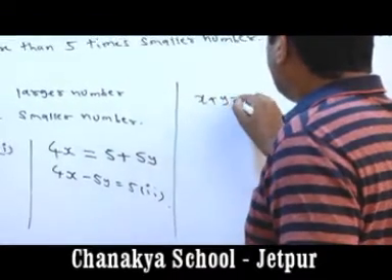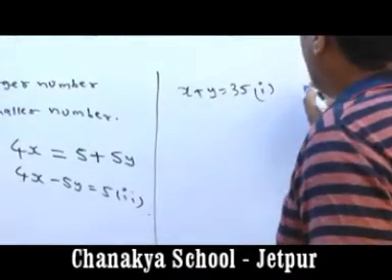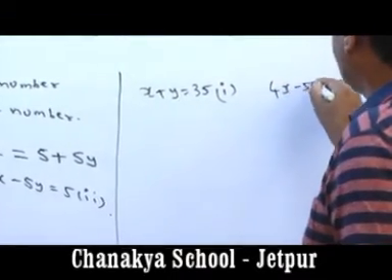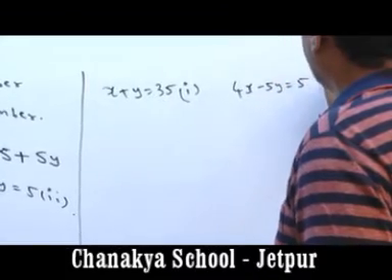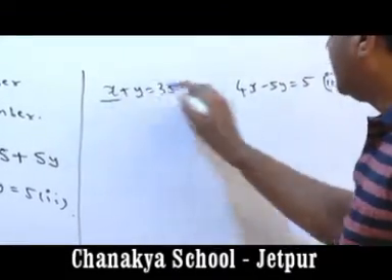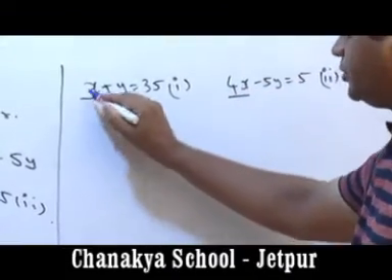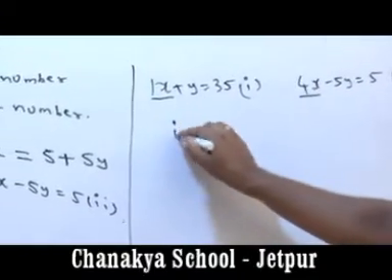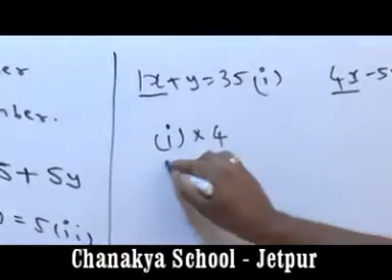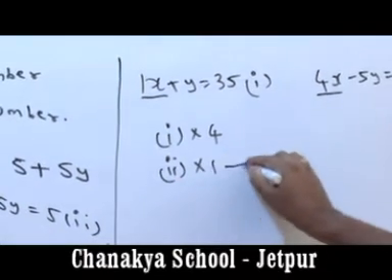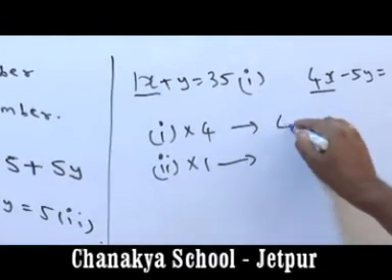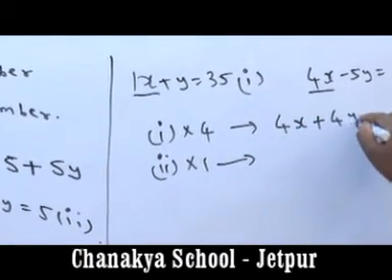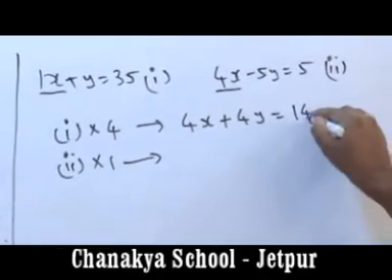x plus y equal to 35, that is equation number 1. 4x minus 5y equal to 5, that is equation number 2. Underlining the terms containing x, here the coefficient of x is 1, here the coefficient of x is 4. Multiplying equation 1 with 4 and equation 2 with 1 gives 4x plus 4y equal to 140.